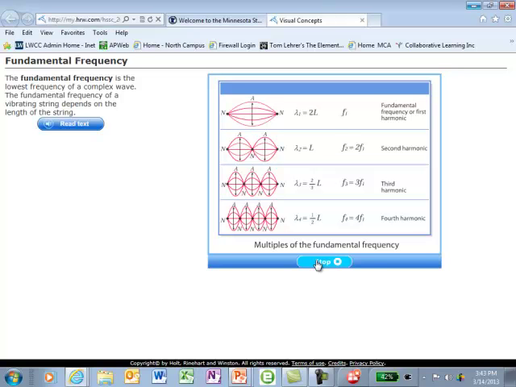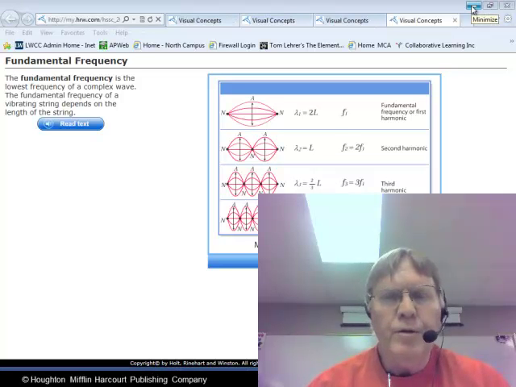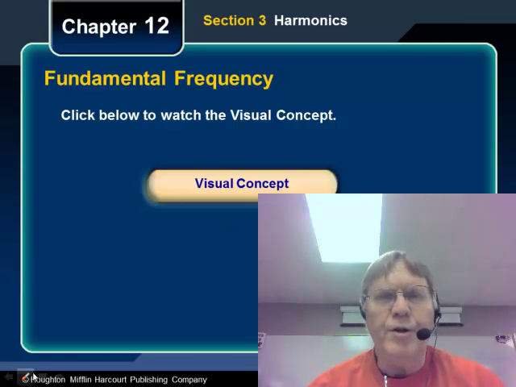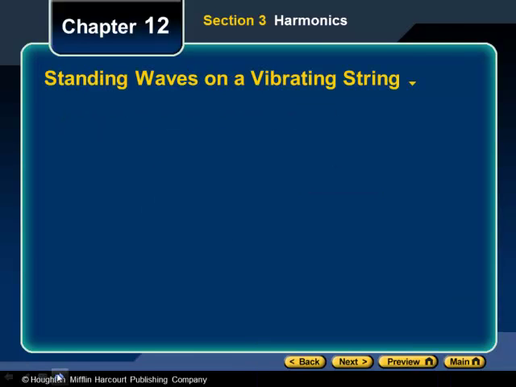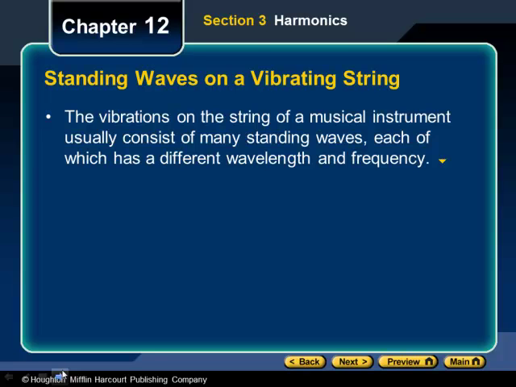Okay, first of all, you probably don't need to see my talking head anymore, so I'm going to get rid of that. There you go. All right, any string that vibrates can contain many different waves. Each one of those has a different wavelength and different frequency.